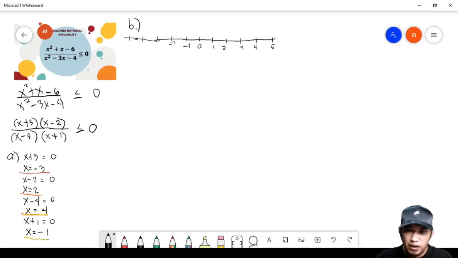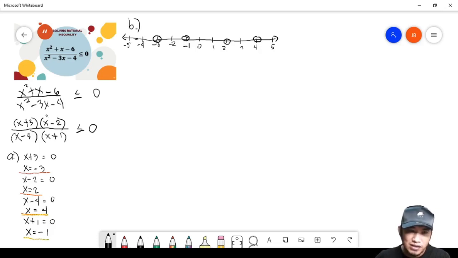Negative 1, negative 2, negative 3, negative 4, and negative 5. Okay, continuous line siya. Okay, asan si negative 3? Okay, hollow circle again. Si positive 2, hollow circle. Si positive 4, hollow circle. And then si negative 1, hollow circle.